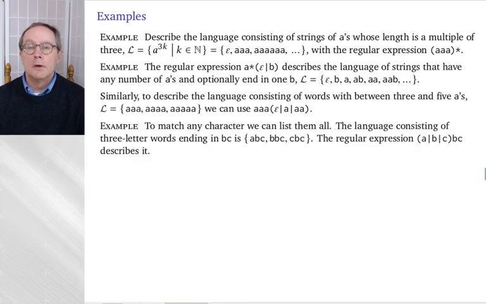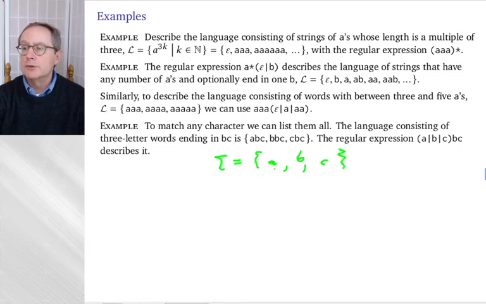Okay. To match any single character, suppose for example you want to say any lowercase letter, you can just list them all. So for example, the language consisting of 3-letter words ending in BC is written right here. I'm going to take the alphabet in this example to be sigma equals {A, B, C}.